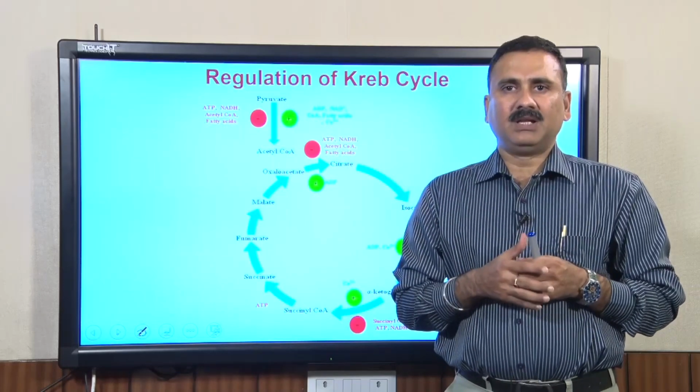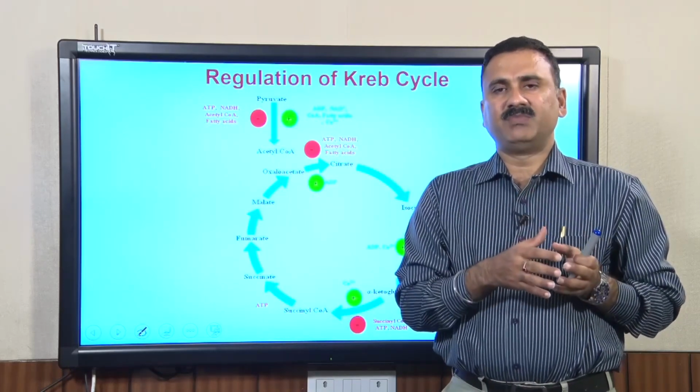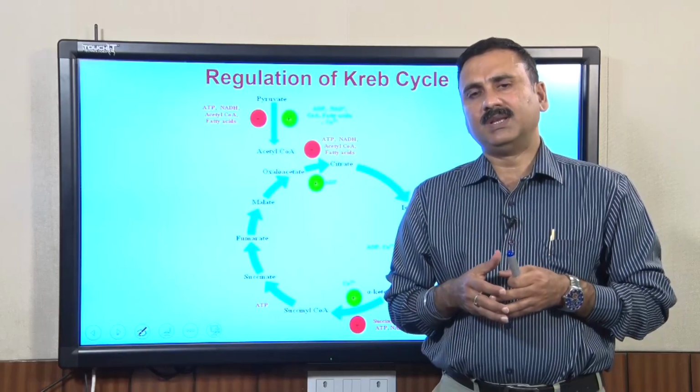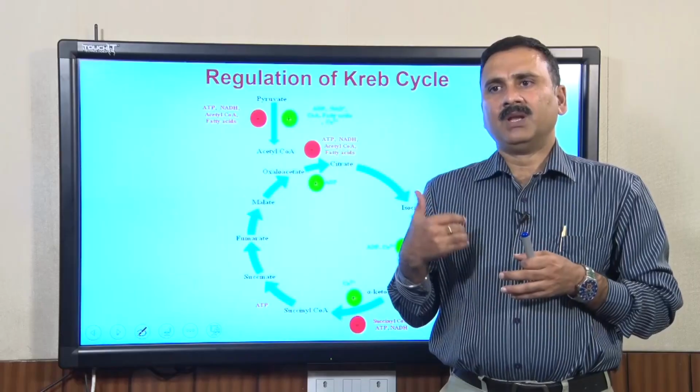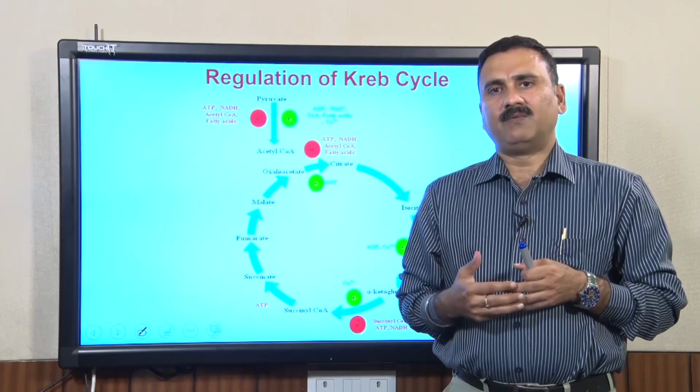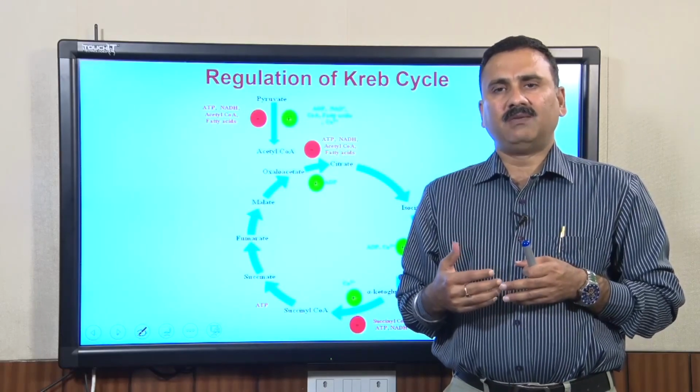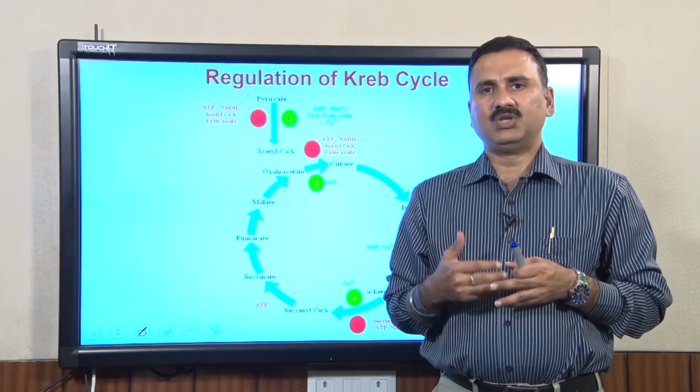In the Krebs cycle, the pyruvate generated from glycolysis is processed further, and several molecules of NADH, FADH2, as well as a molecule of GTP are generated.